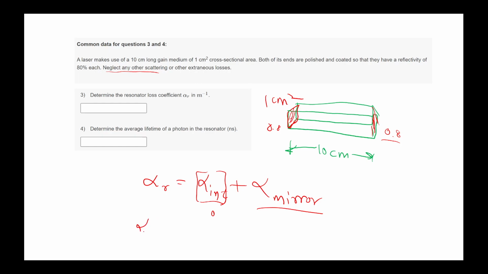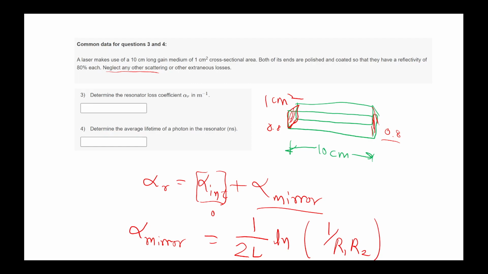Alpha mirror is equal to 1 upon 2L ln of 1 upon R1 R2.